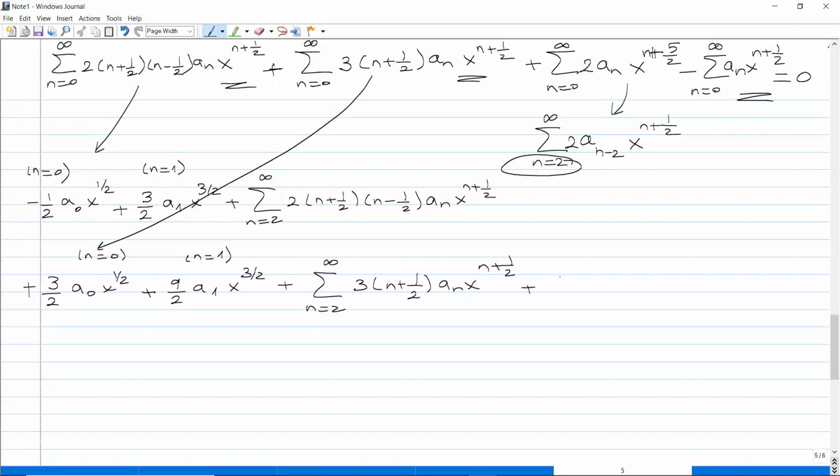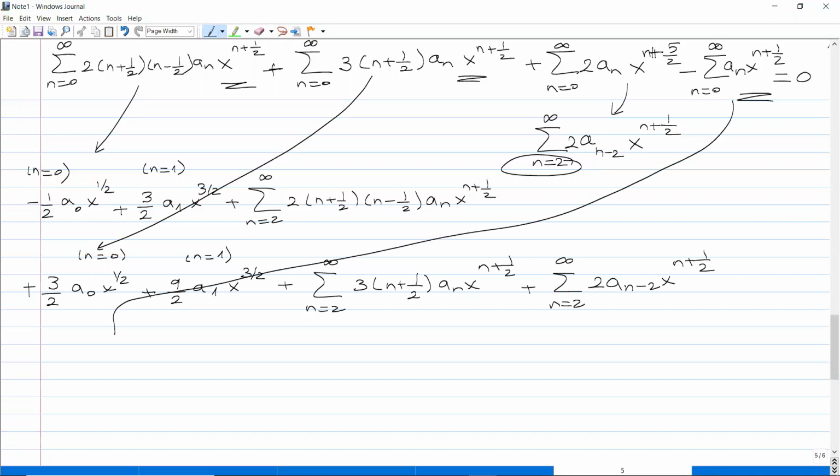And the next one, n starts from 2 already. And the last one, I have minus sign. The term for n equals 0 is a0 x to the power 1/2, minus the term for n equals 1, a1 x to the power 3/2, and then minus the rest, n starts from 2.